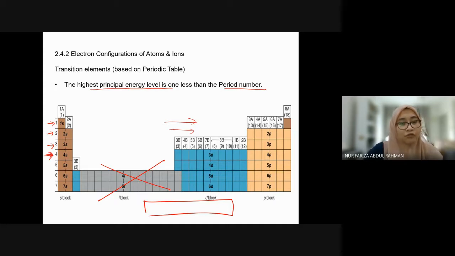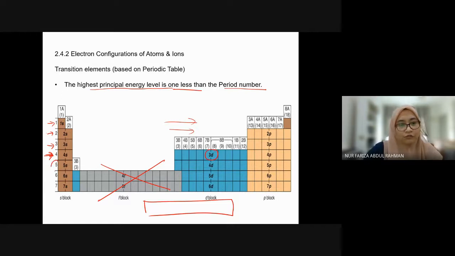When n is equal to 4, we have 4s, right? But for the d orbital, the d orbital will start with 3d, not 4d. That is what it means: the principal energy level is 1 less than the period number. The period number is 4, n is equal to 4, but the d orbital starts with 3d.